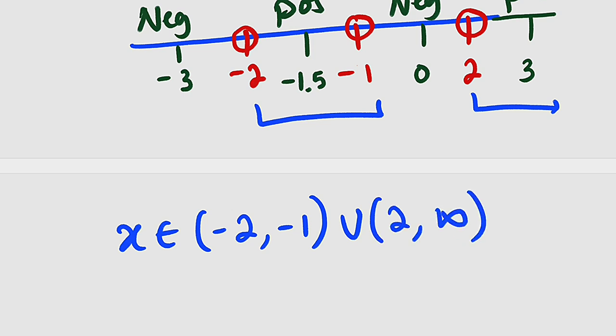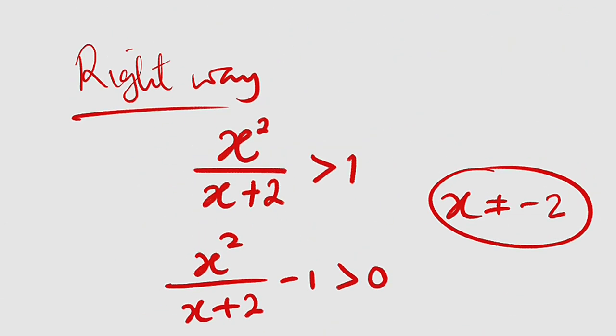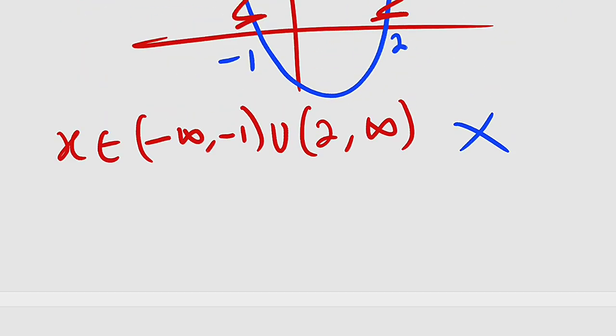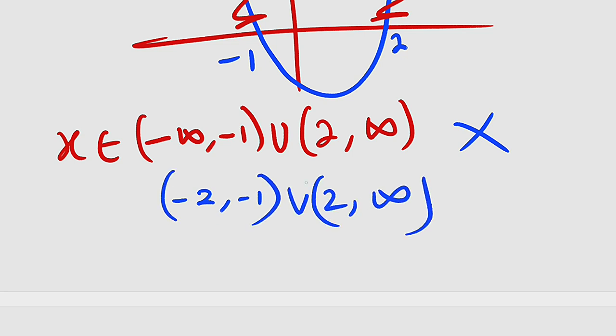So this is the solution to this problem and the actual valid solution. Let's check that one. You can see that they're almost the same, just that the wrong one started from negative infinity, which is supposed to start from -2 down to -1, then from 2 down to positive infinity. This is how the solution should be.